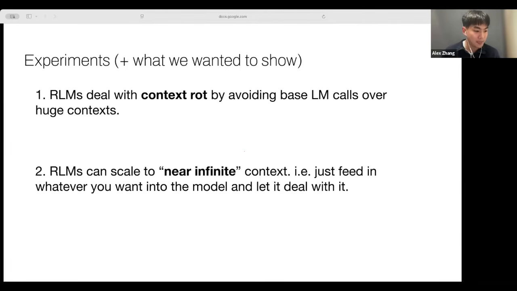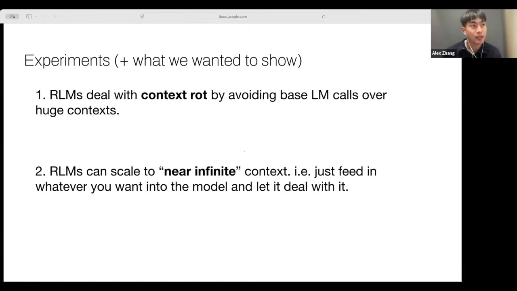And in some sense, as a lazy programmer or a lazy researcher, I just want to feed in as much stuff as I can. I don't necessarily want to build an agent that can deal with it. I just want this language model function to deal with it. So we wanted to show that I could just jam in lots of stuff, and it will be able to deal with this effectively.